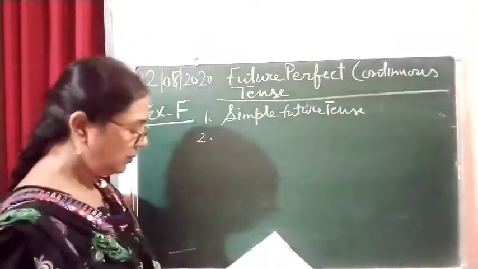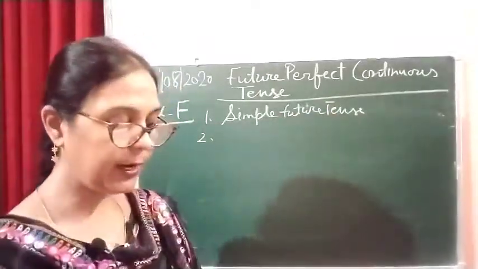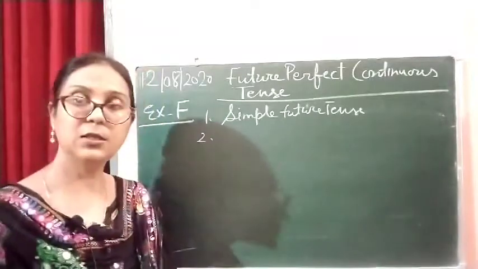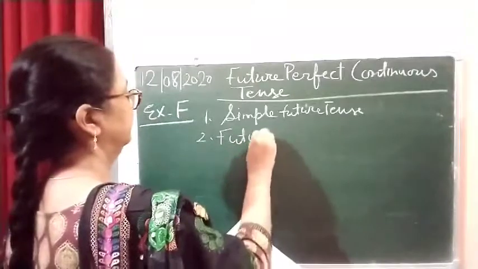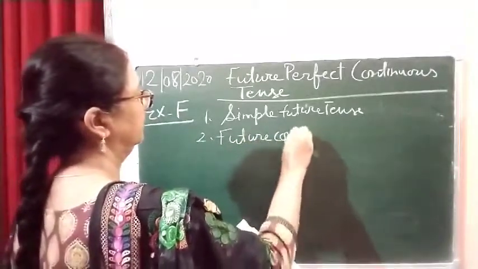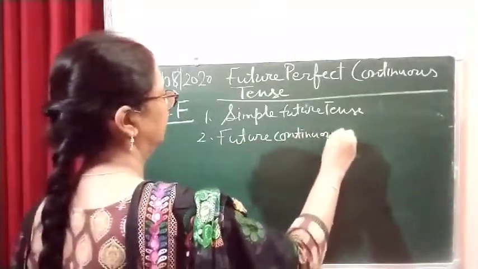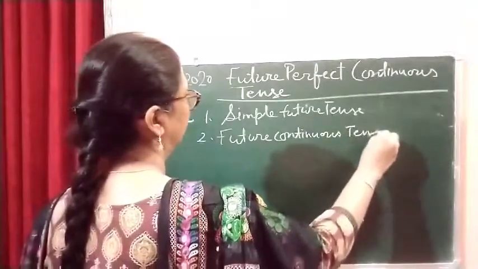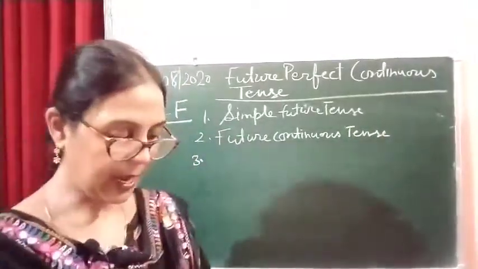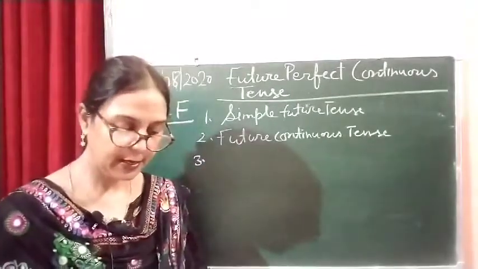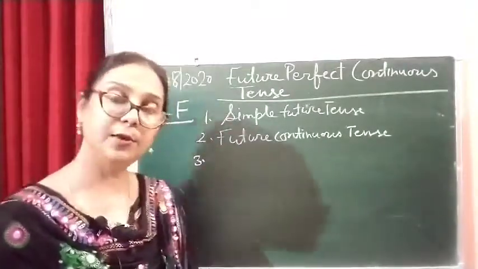In second, we will be going on an adventure trip soon. So this is future continuous tense. In third, the plants will have been watered by this evening. This is future perfect tense.